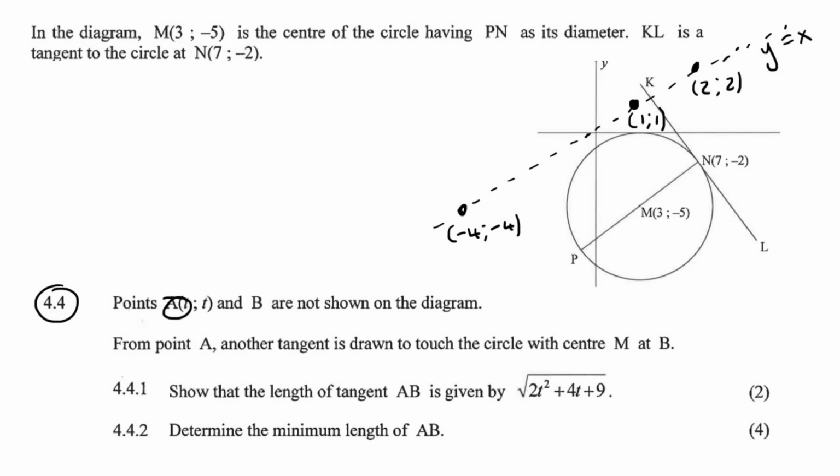So point A is going to be somewhere along that y equals x line that we've learnt about in grade 12 functions, inverses. So it says that point A, which we don't know, and B are not shown on the diagram. From point A, another tangent is drawn to touch the circle, which is the circle M, at B. So another tangent is drawn.